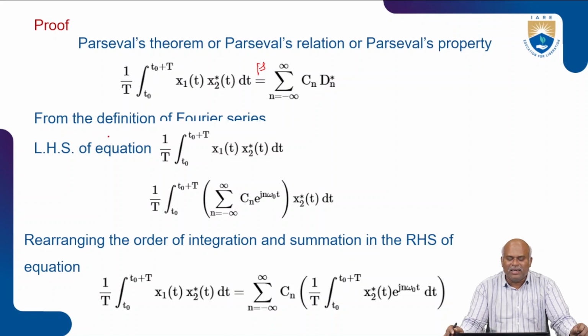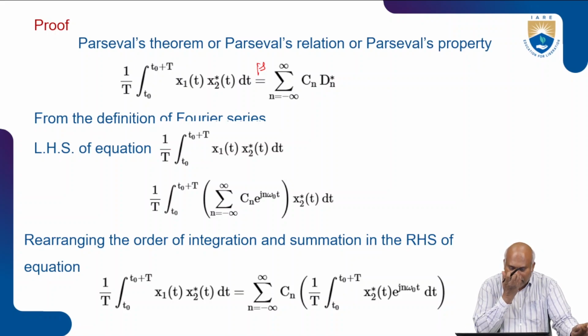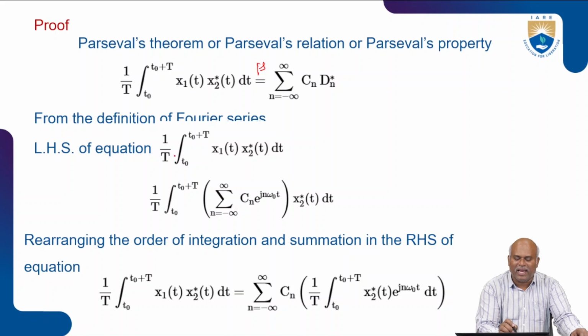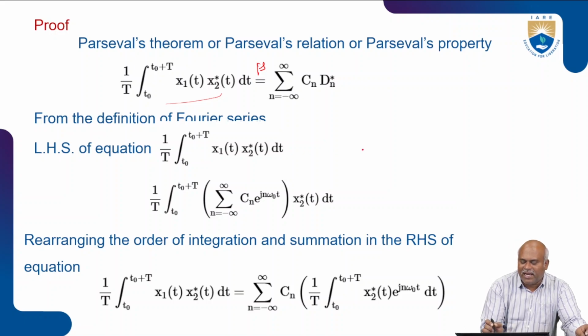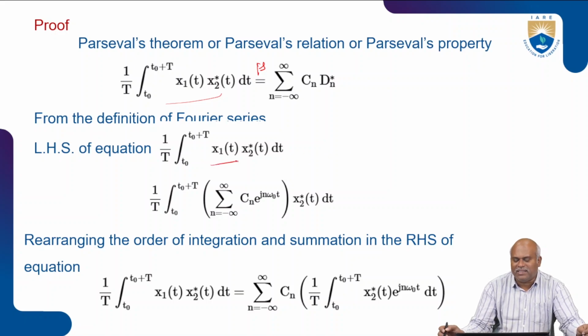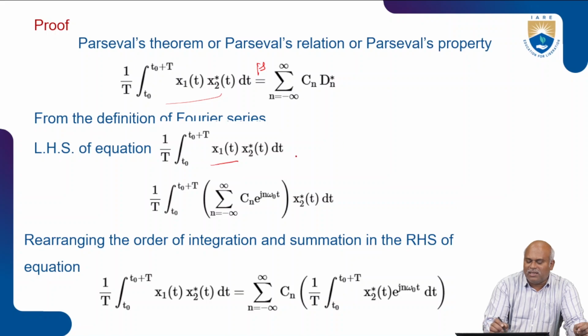Now from the definition of Fourier series, for the LHS side, 1 by T integration of t0 to t0 plus T of x1 of t into x2 star of t dt, I should write x1 of t as 1 by T integration of t0 to t0 plus T.